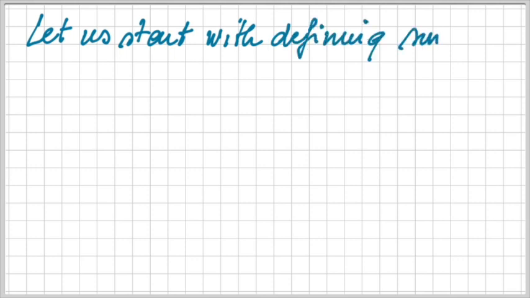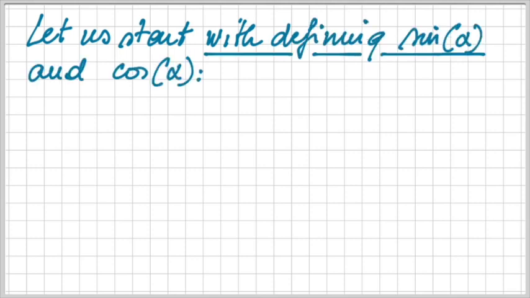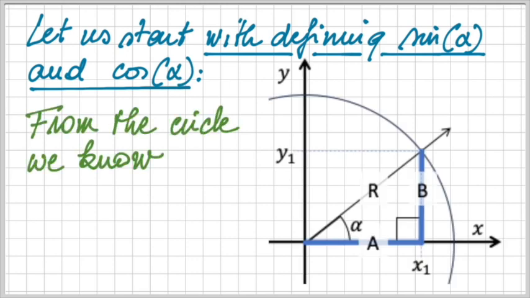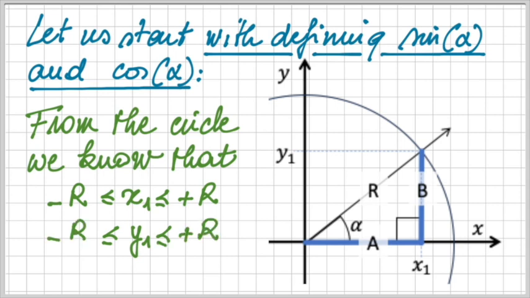We start with defining the sine and cosine of an angle. When we have this graph here, we look at two elements, x1 and y1, which are the coordinates that correspond with the lengths of the two rectangular sides A and B. The angle alpha is between A and R, the radius of the trigonometric circle.